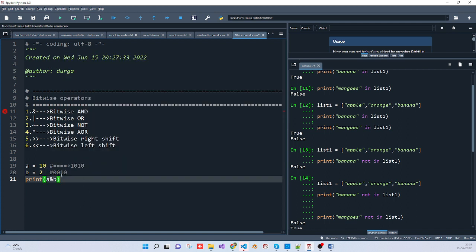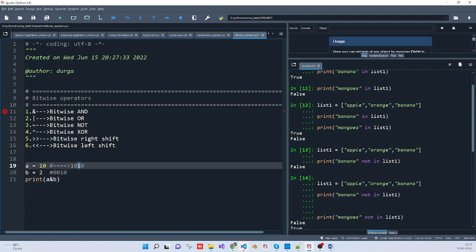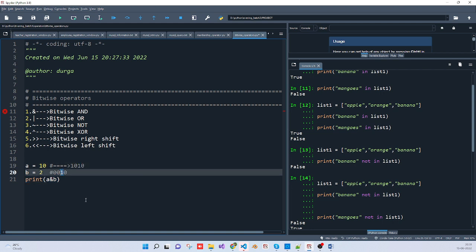When we are doing this AND operation, if both bits are one, meaning both inputs are true, then only we will get true as output. Otherwise, we will get false. In this case, only at the second position is there a one in both, so we will get a one, and the remaining are all zero. So my number is 0010, and the output is 2.